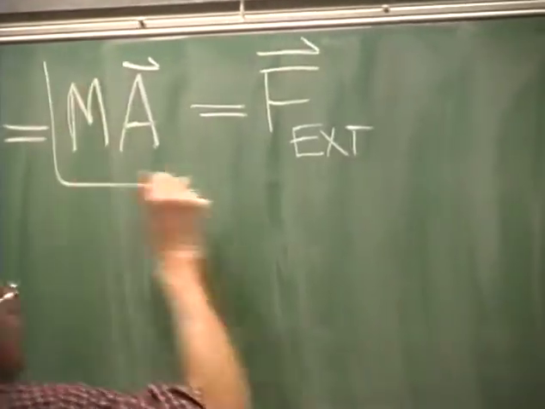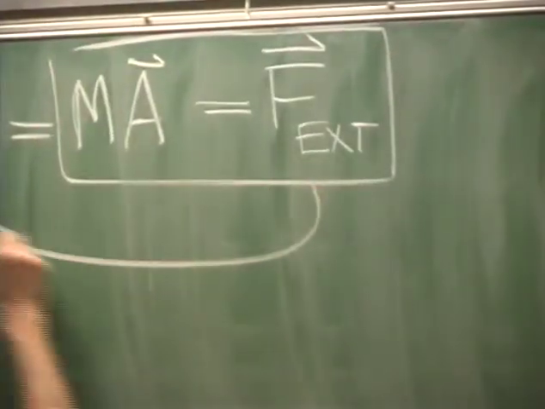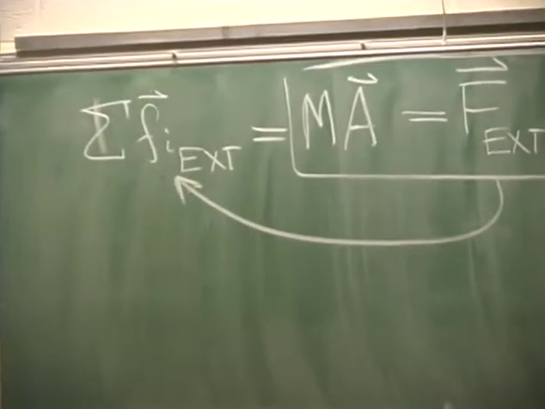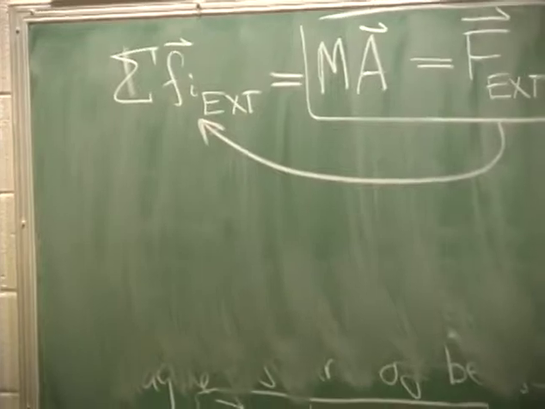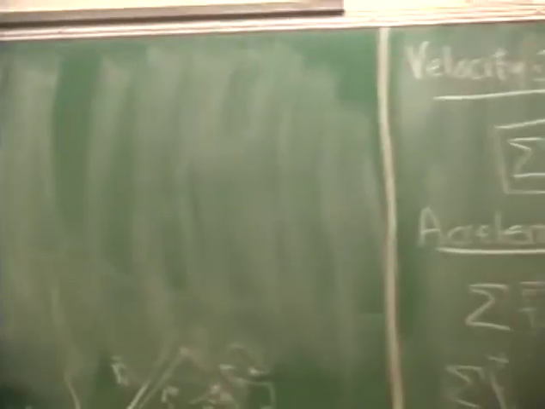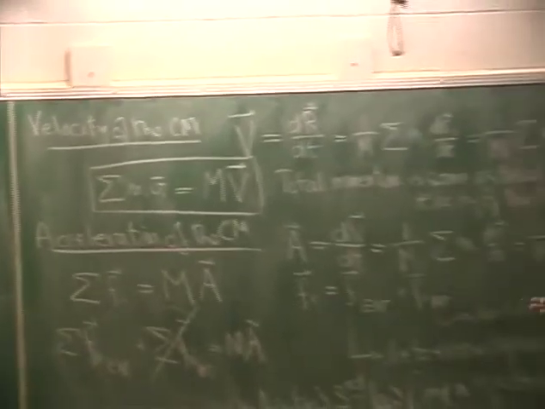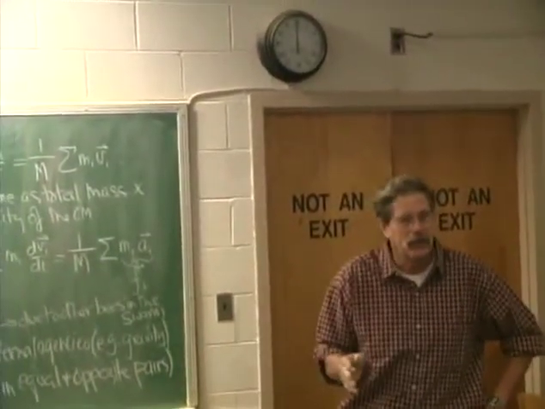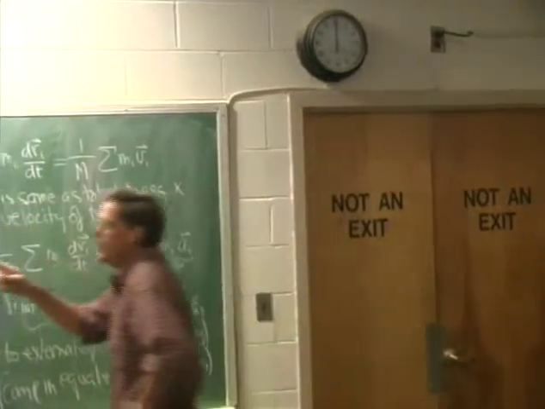That simply is a shorthand for the sum of all the external forces acting on each of the bees in the swarm. What does this tell me? Again, this is something that we have actually been using all along. In fact, if this were not the case, physics would never get off the ground. What does this tell me?